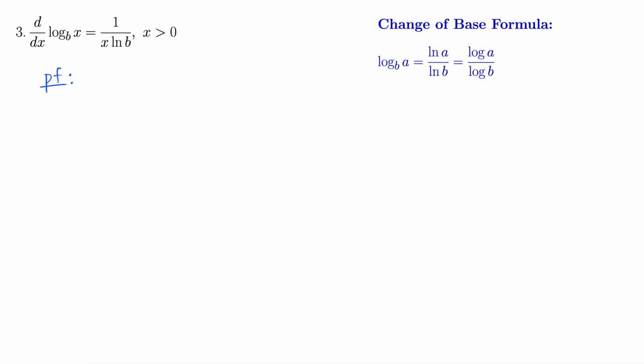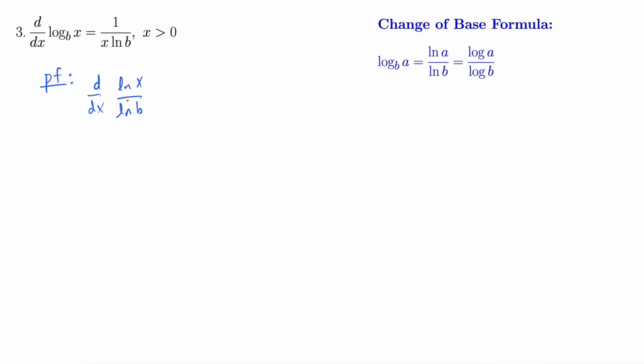There's the change of base formula from somewhere in algebra or pre-calc land. So let's use the natural log version of this. So this is now the derivative d by dx. Instead of log base b, I'll write this as natural log x over natural log of b.